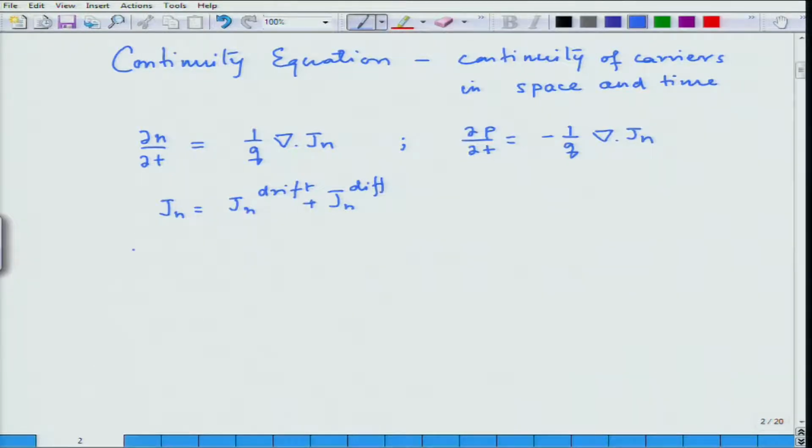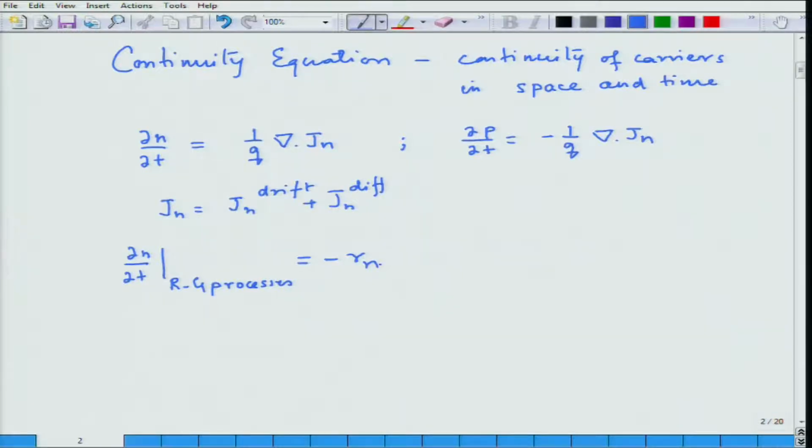Similarly, the second term, which is the change in the concentration due to RG processes, we make a short form of it and write it as the negative of R n, as this is basically recombination of carriers or loss of carriers.